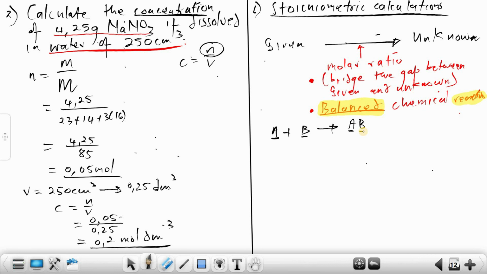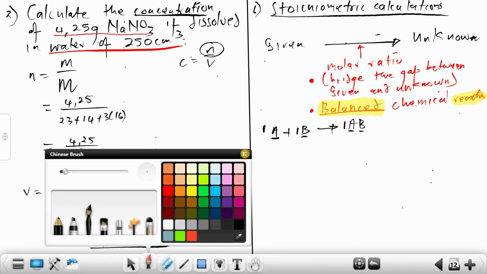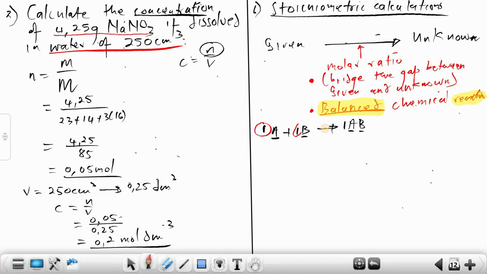So what is my molar ratio in this case? I have a 1 here, a 1 here, and a 1 here. All these coefficients are what we call our molar ratio.